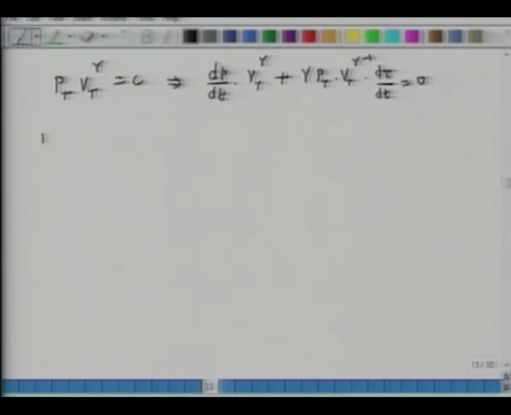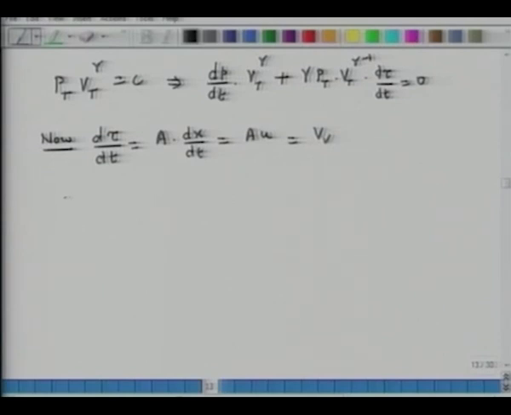Now d tau over dt equals the area of the tube, the cross sectional area, times dx over dt, equals A u, which equals the volume velocity. So I can replace this whole term by volume velocity in this relation.